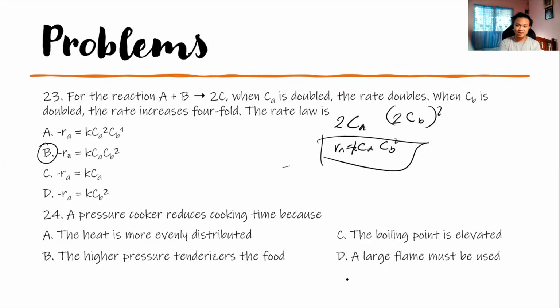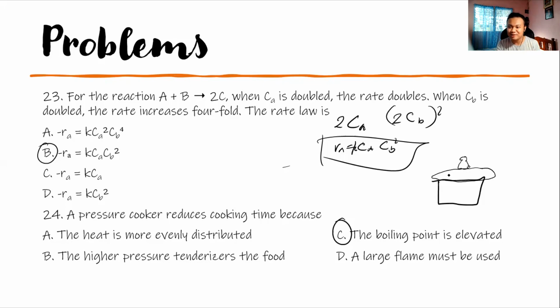No. You can actually use it on your stove, but the temperature is very high. The answer is the boiling point is elevated, because in that pressure cooker there is a whistle that spins because it releases the pressure.